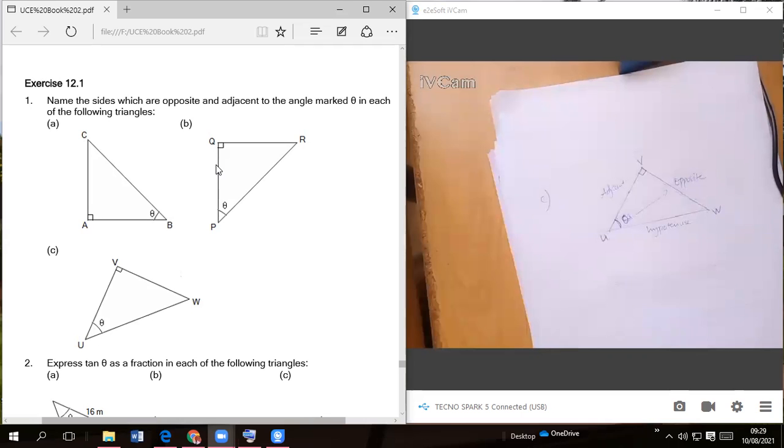What is adjacent on part A? What is adjacent to theta? Mwesugwa Romeo, speak up please.